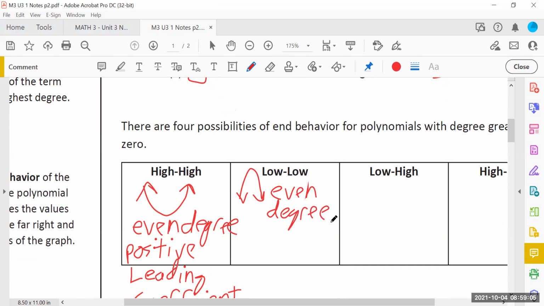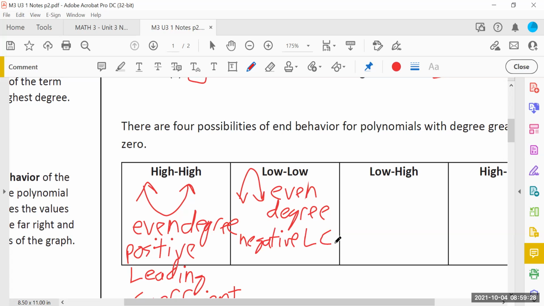Also from an even degree. But now it's a negative leading coefficient. So a negative x squared graph.